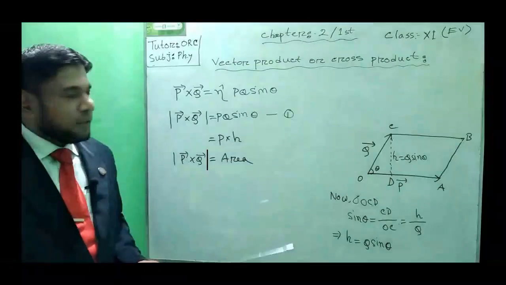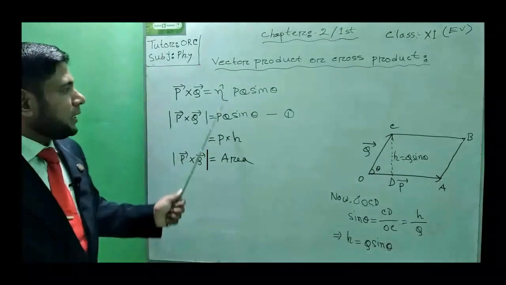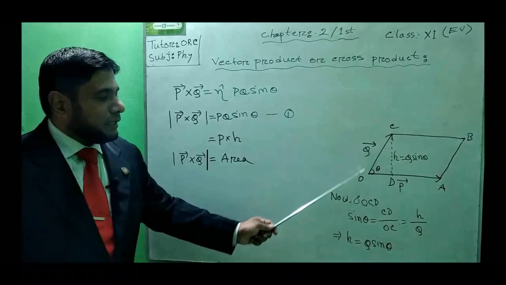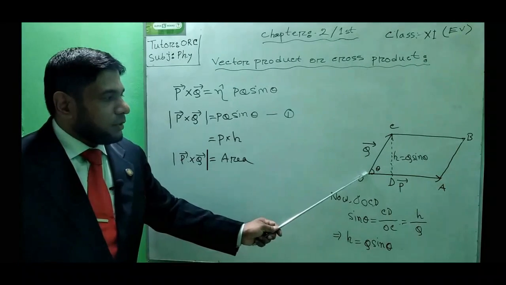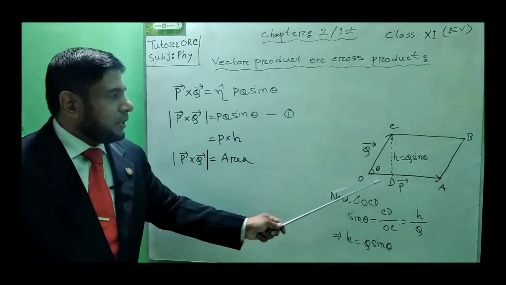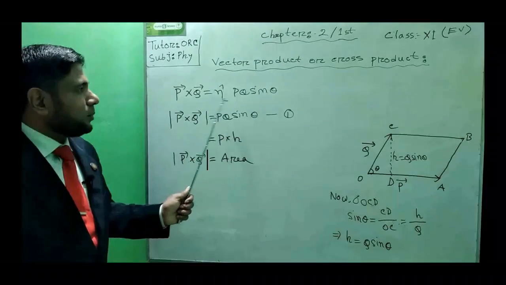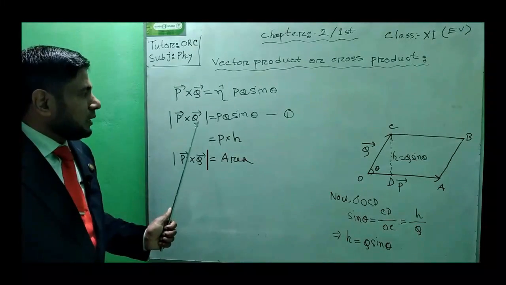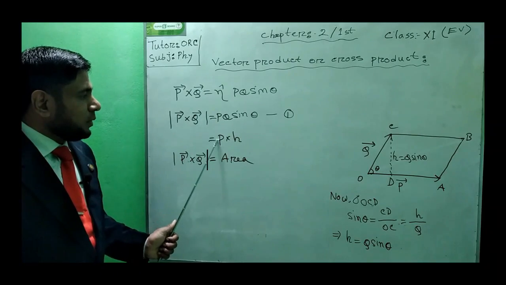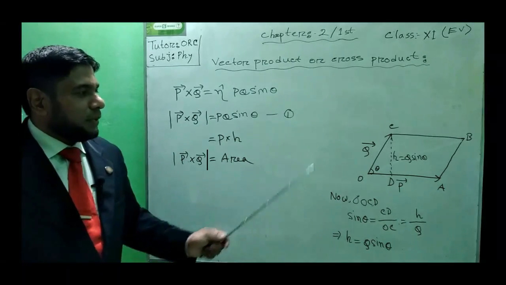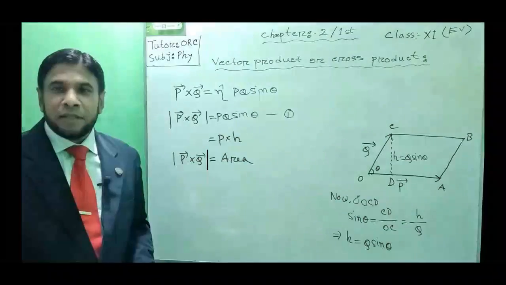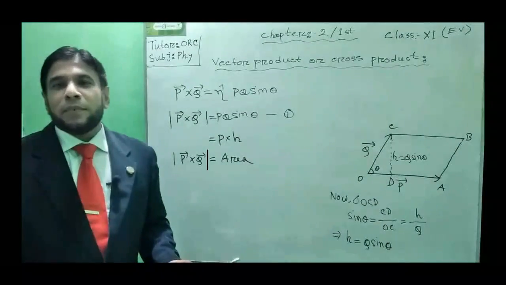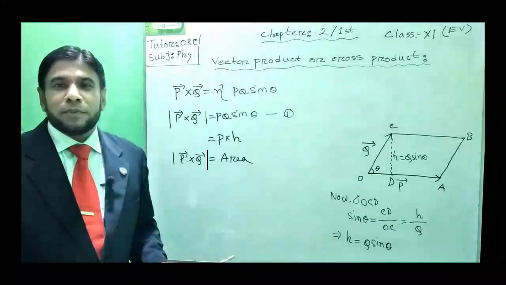First we find the cross product of those two vectors, then we find its value, and that gives the area of the parallelogram. In this way, we can easily find the area of a parallelogram with the help of the cross product.